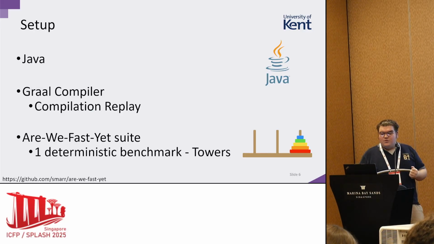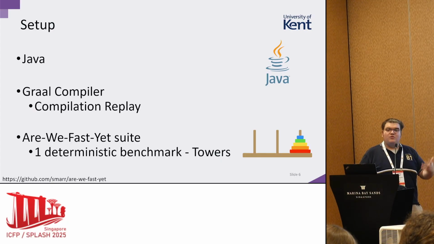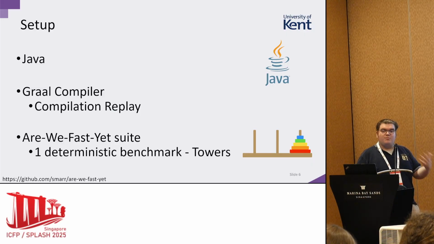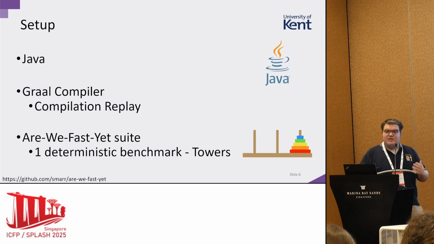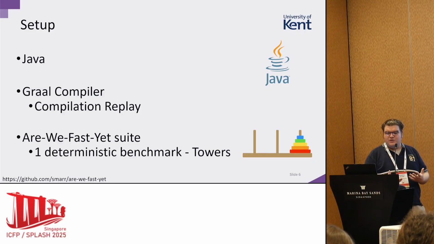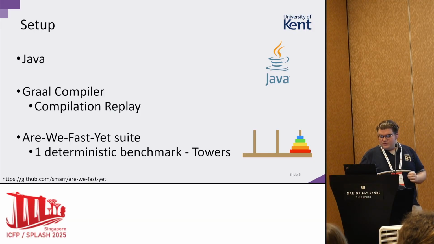We're making use of compilation replay, which is where you do an execution and it logs what compiler decisions it made. You can then refeed those decisions, and the compiler will try its best to repeat a similar execution. This should hopefully remove a lot of noise and non-determinism we would see in our results.